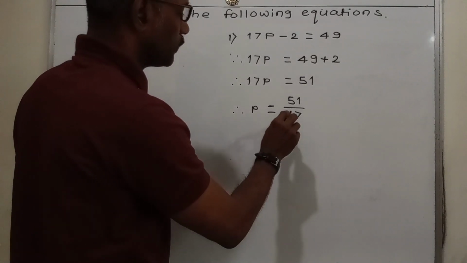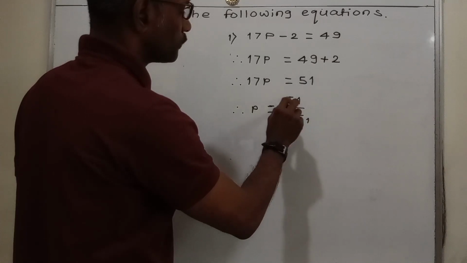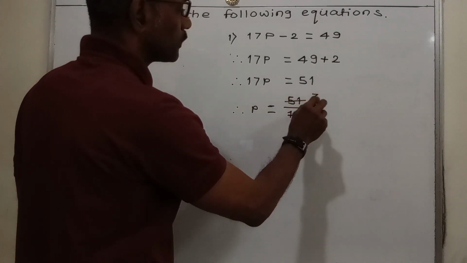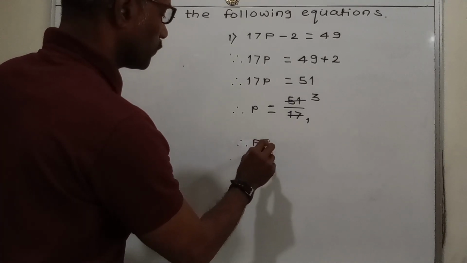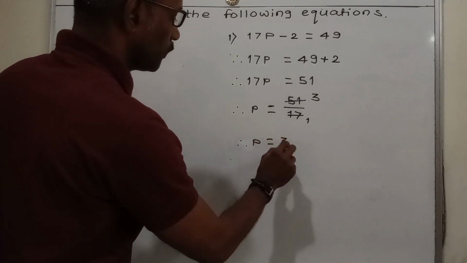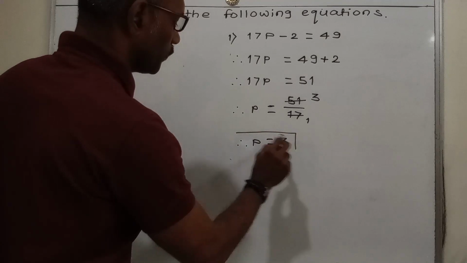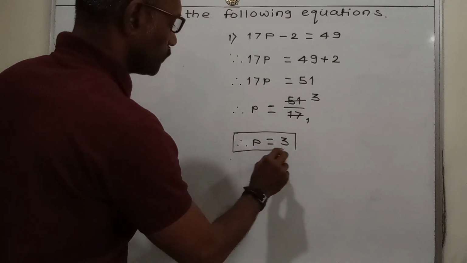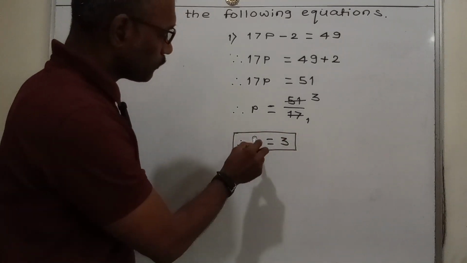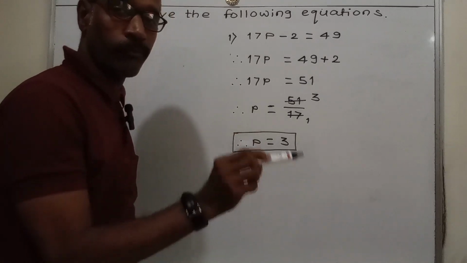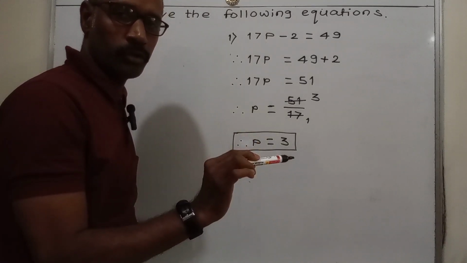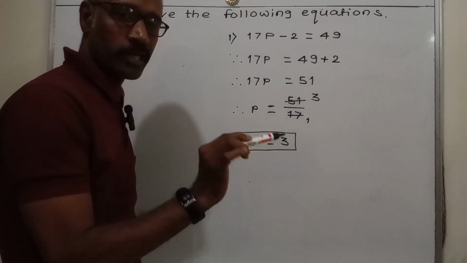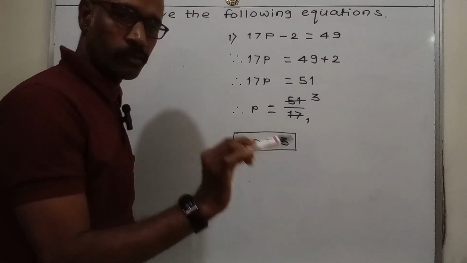Okay, then 17 ones are 17, 17 threes are 51. Therefore the value of variable p is 3. Always we want the value of the variable alone with coefficient 1.